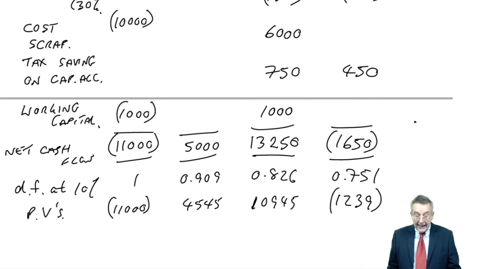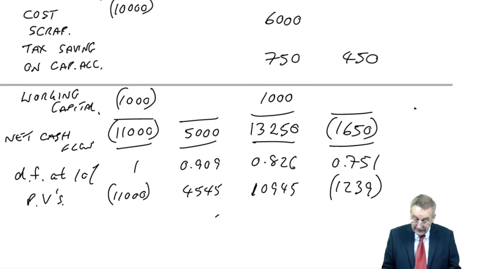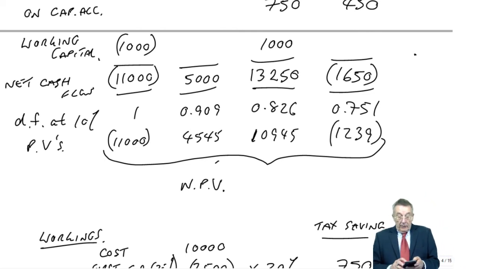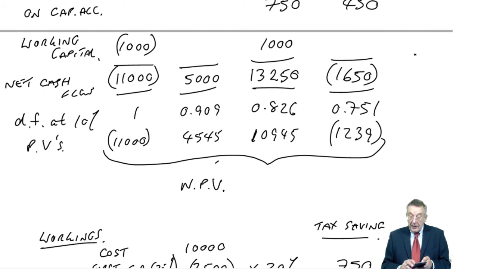And so what's the net present value? Oh, just left enough space. The positive is 4545 plus 10945 minus 1239 minus 11,000.